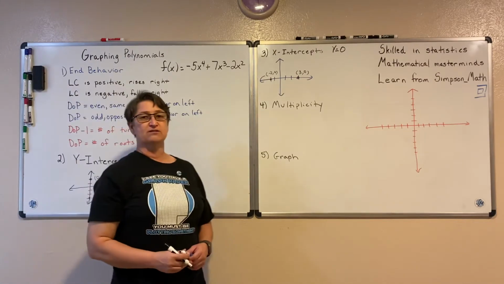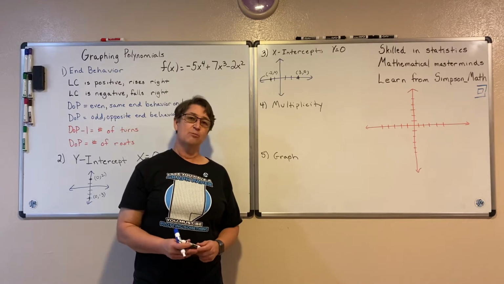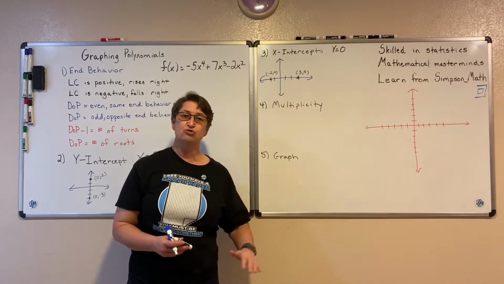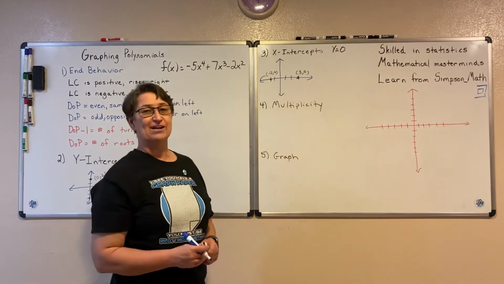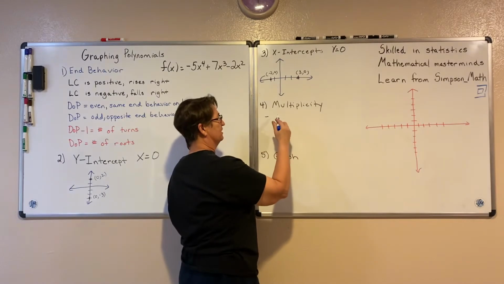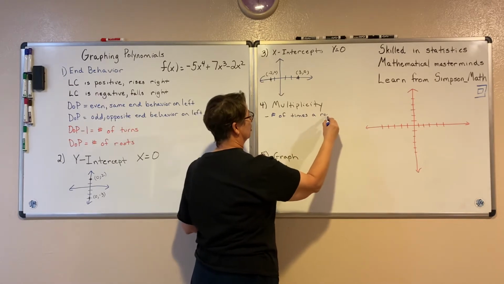Then we're going to look at something called multiplicity. And multiplicity is just the number of times a root shows up in the linear factors of that graph. So multiplicity is the number of times a root occurs.